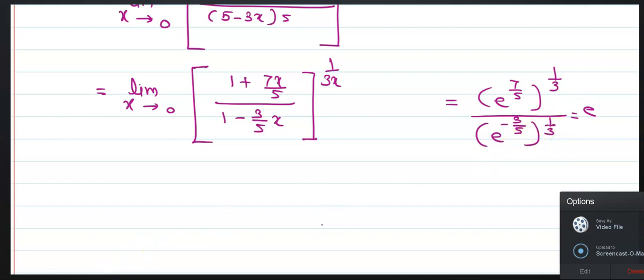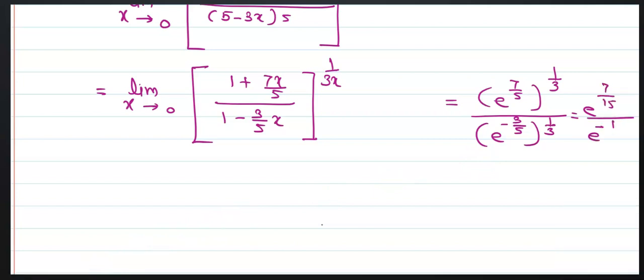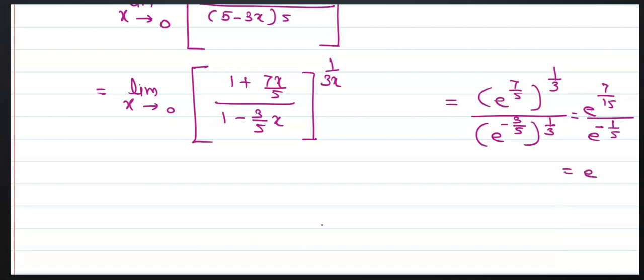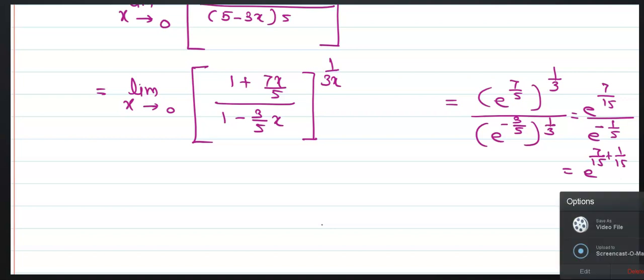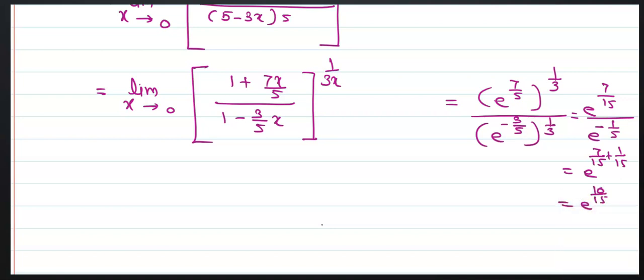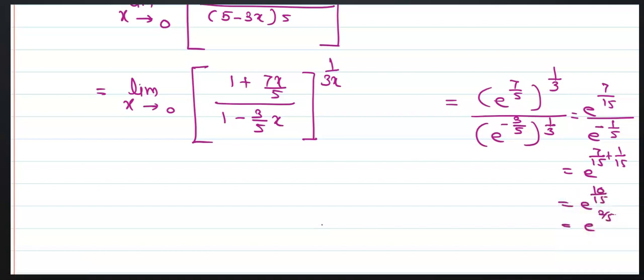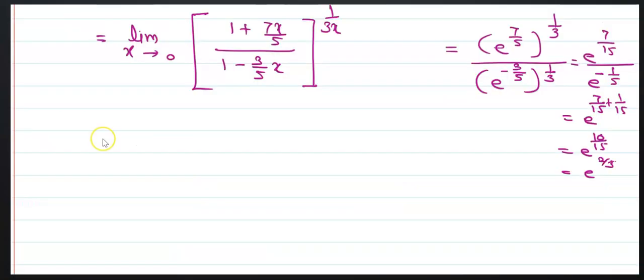You will get the answer. That is, e raised to 7 upon 15 and e raised to minus 1 upon 5, and the answer is e raised to 10 upon 15, that is nothing but e raised to 2 upon 3.